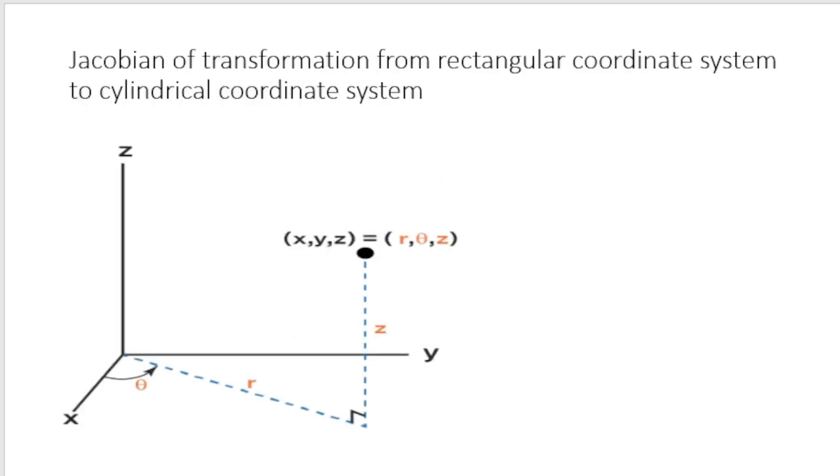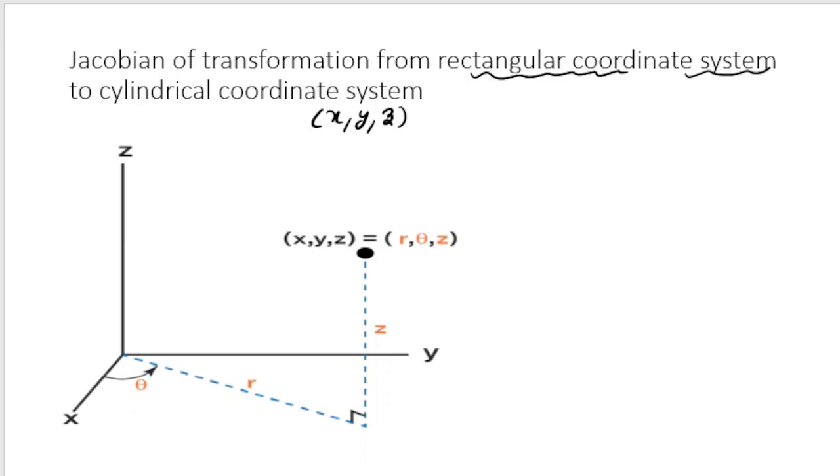Okay, now this is one of the main results that I wanted to discuss, and where I'll be using this in the next unit in the multiple integral. So there is something known as a rectangular coordinate system, and that is represented in 3 dimensions.